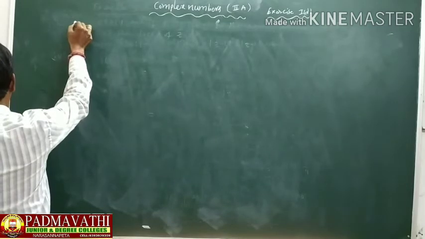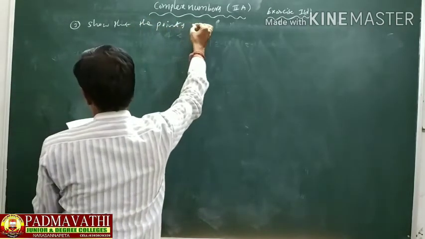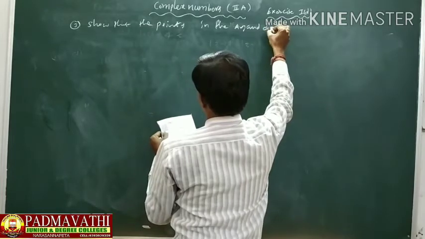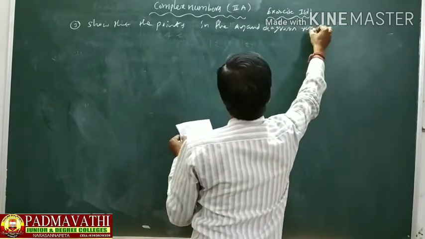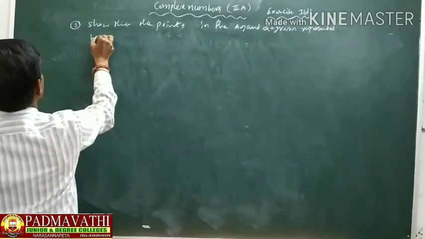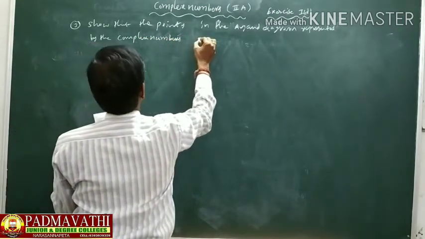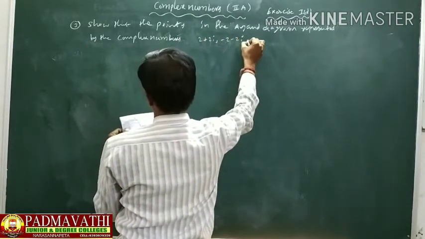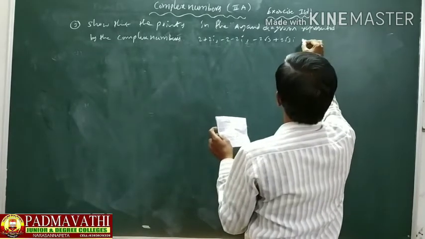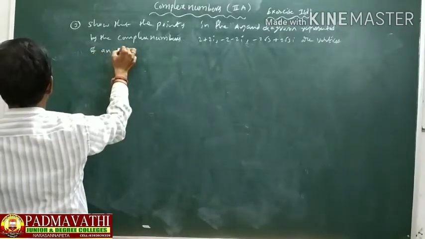Show that the points in the Argand diagram represented by the complex numbers 2 plus 2i, minus 2 minus 2i, and minus 2 root 3 plus 2 root 3 i are vertices of an equilateral triangle.